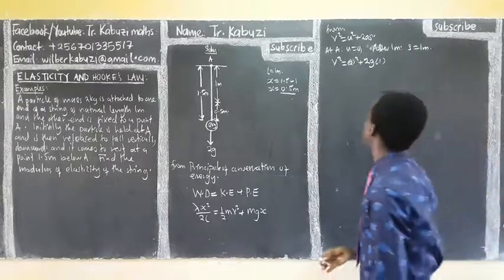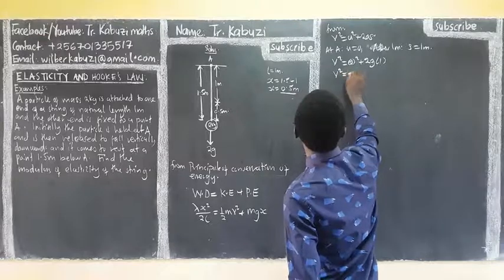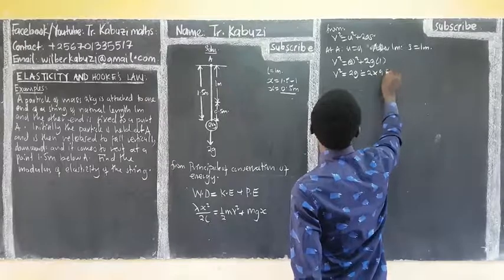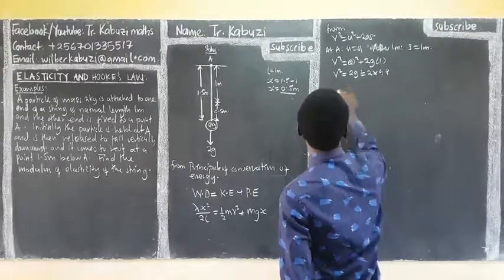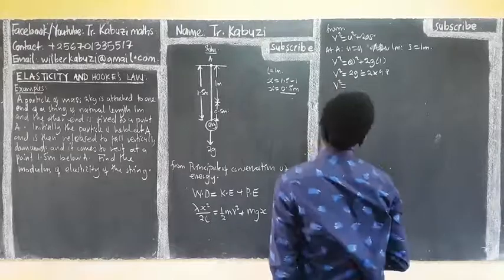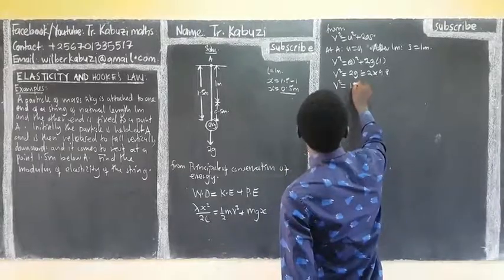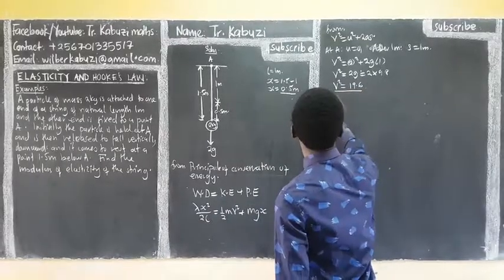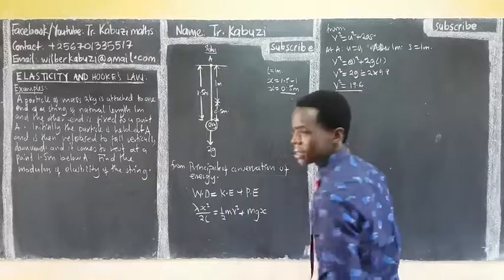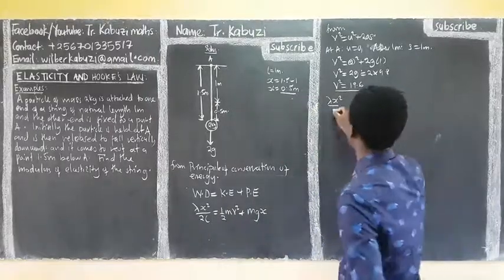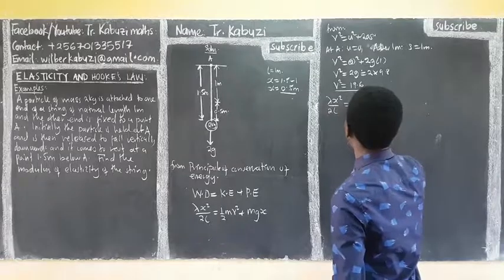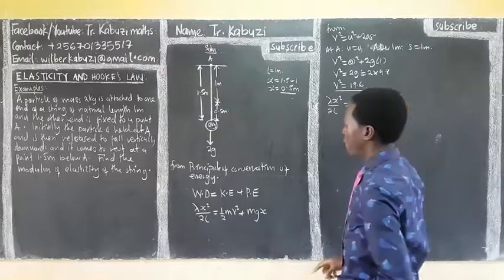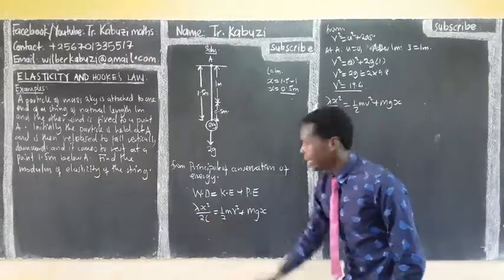It's the force that is causing it to accelerate. So our v squared here is going to be 2g, which is 2 times 9.8, so v squared is 19.6. Then from lambda x squared over 2L, don't simplify, because you want the v squared, you leave it there. It equals a half mv squared plus mgx. Now we want the modulus of elasticity.